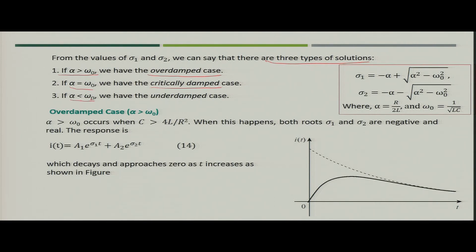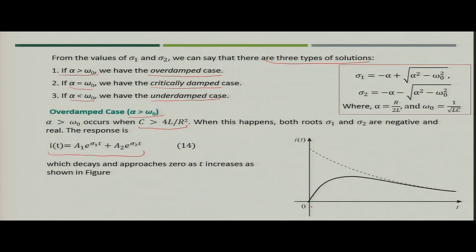When alpha is less than omega naught, we have the underdamped case. When it is overdamped, the condition we got was C greater than 4L by R square. Based on that condition, the current is A1 into e to the power sigma 1 t plus A2 into e to the power sigma 2 t.